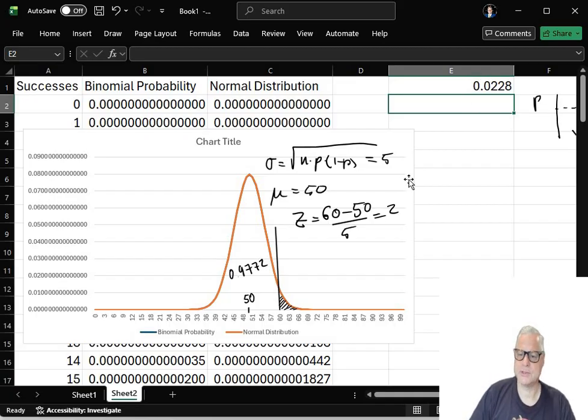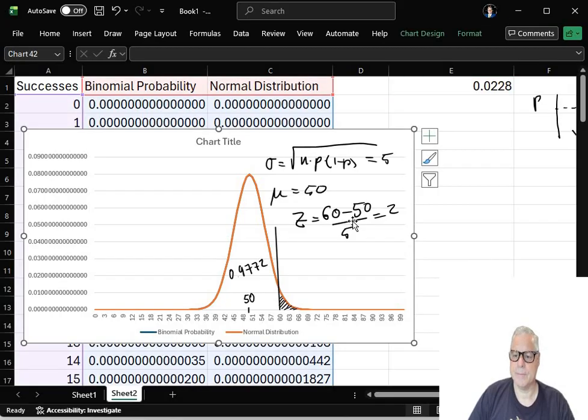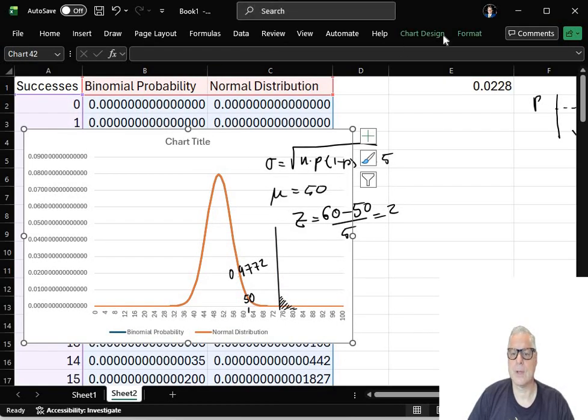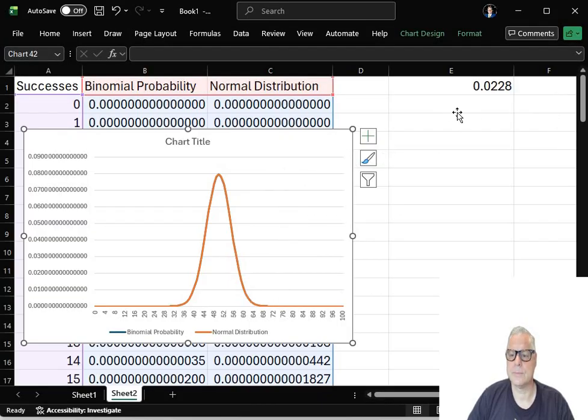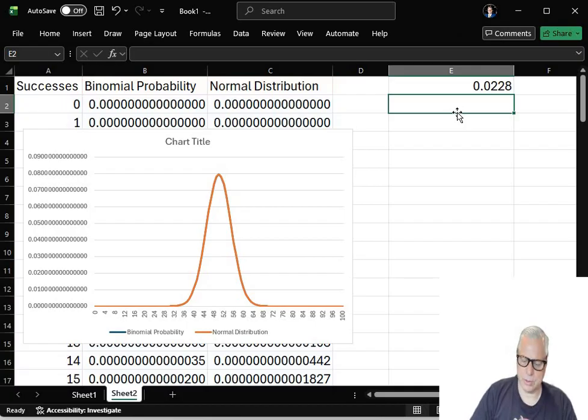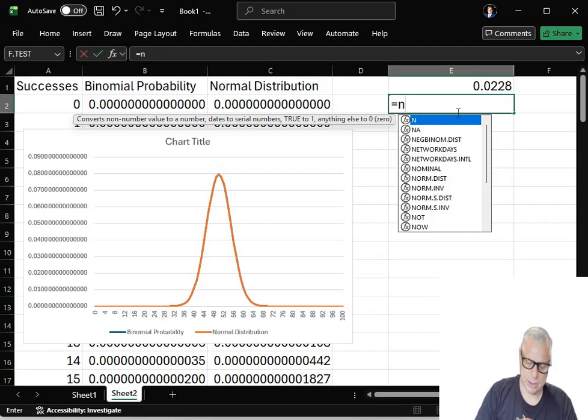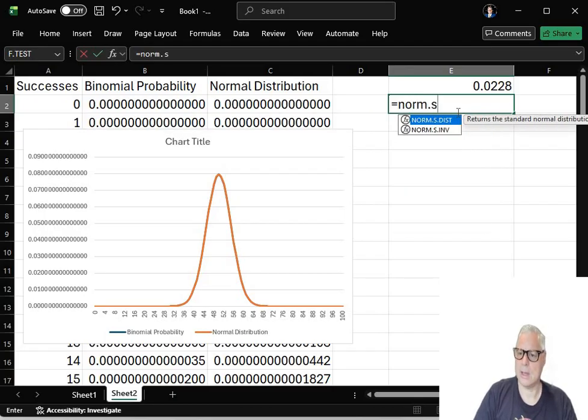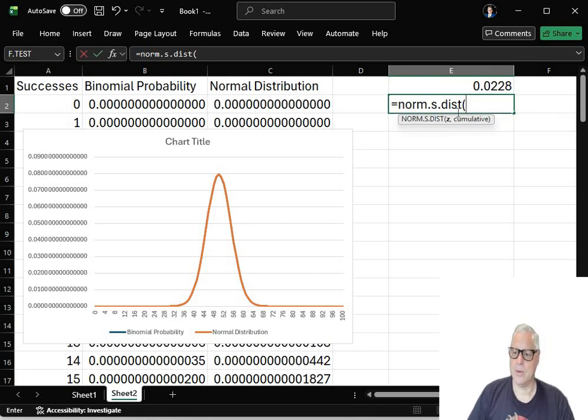Okay, so this is when we use the binomial approximation. We could also have used the formula equals NORM.S.DIST.